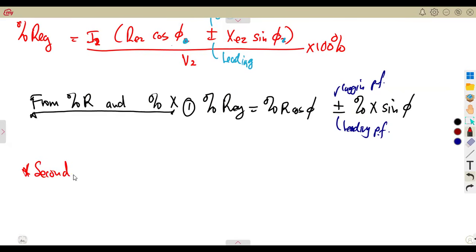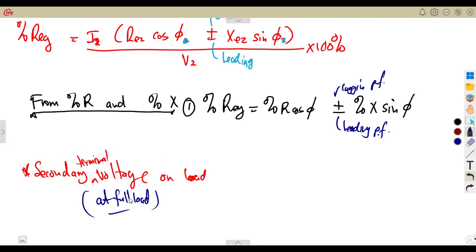How to calculate the secondary voltage: the secondary, which is the terminal voltage. Actually, we talk of the terminal voltage on load, meaning to say we are talking about what? At full load. How can we now obtain the secondary terminal voltage? This is the new voltage.